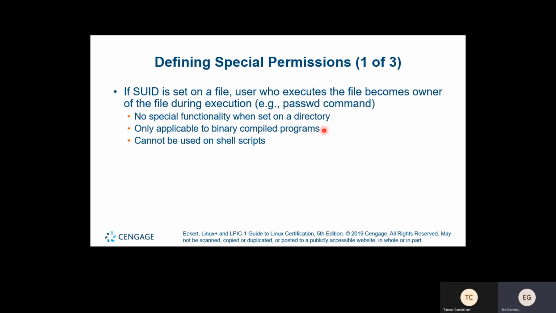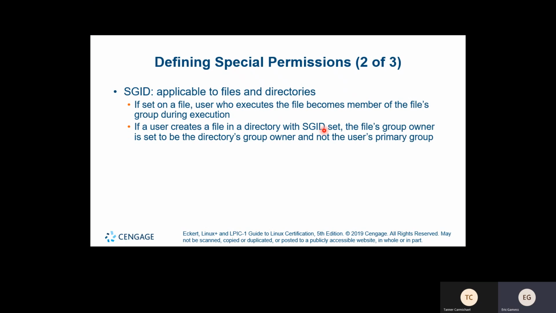And those extended rights will correspond to the rights of the owner of the file. In this case, we say the root. So he will have these extended rights. We will see that.